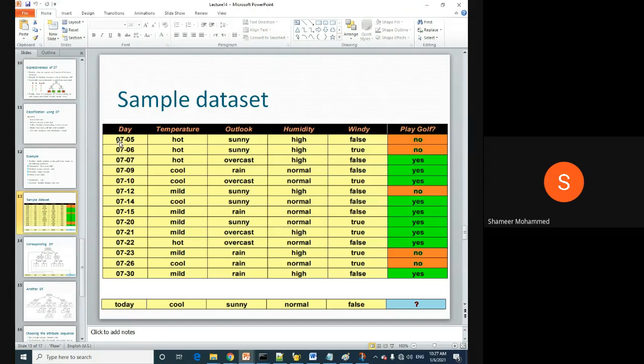So based on these parameters, this is the data. Every day, day 1, 5th July, 6th July, 7th July, 9th July, like this, you are collecting the parameter data. Based on that, you have some answers here. So the next day, like in August, these are the parameters. What is your answer? This is the data set. So using this data set, we have to draw the decision tree.